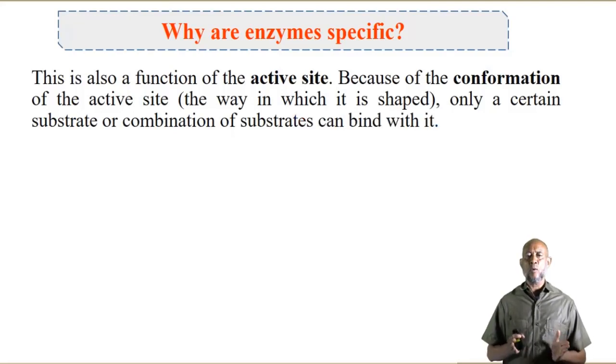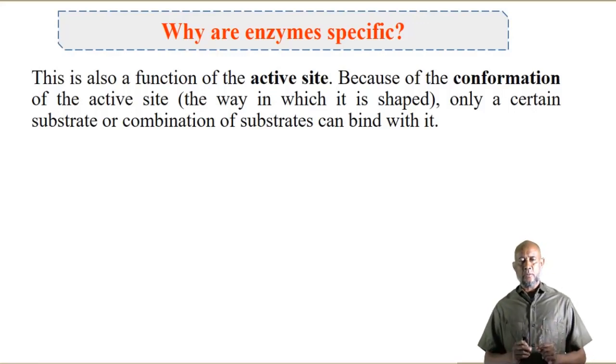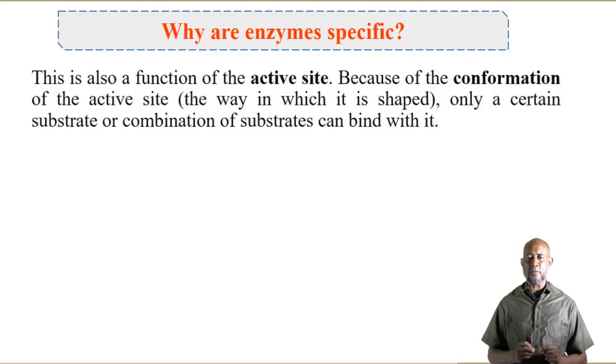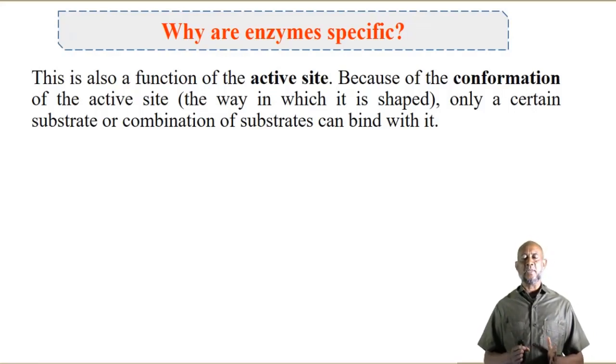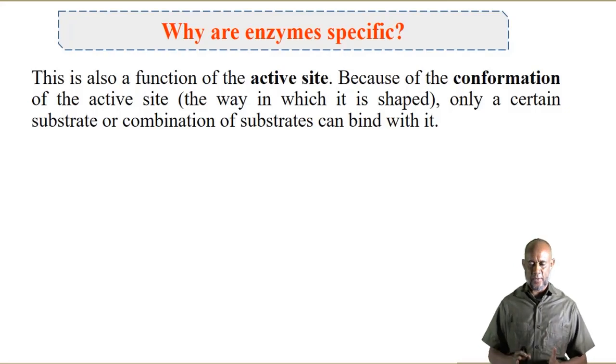That means the way in which it is shaped. That is known as conformation. Only a certain substrate or combination of substrates can bind with it. Therefore, we say that enzymes are specific to a particular or a group of similar substrates.